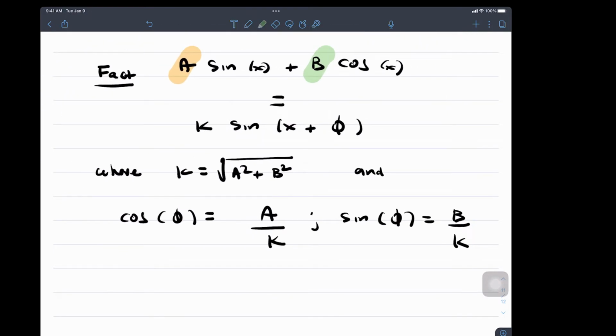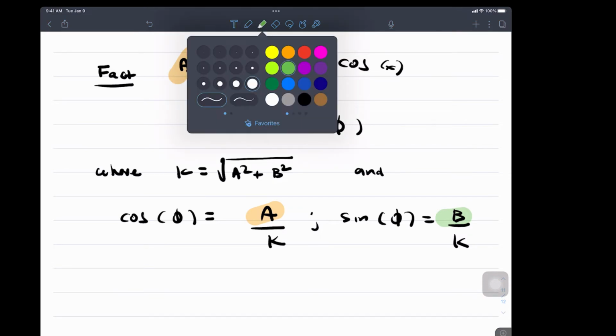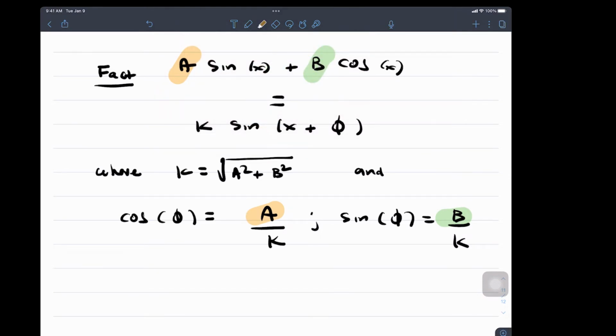All right, so you're going to get these values here. This is a, this is b, and let's color k, I guess gold or something. See this k? This is what k is over here.